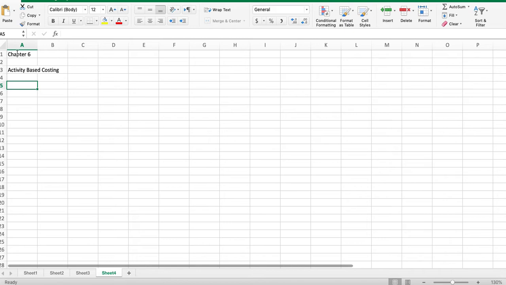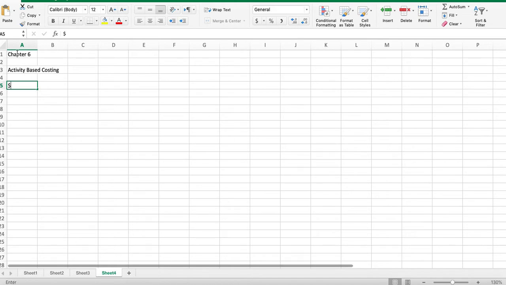So I'm looking at problem number 617. This is Smoky Mountain Corporation, and they have two types of hiking boots, Extreme and Pathfinder. They gave you the information: selling price, direct material, direct labor hours per unit, annual production, and sales. They tell you that this company uses a traditional costing system where manufacturing overhead is applied to units based on direct labor hours.